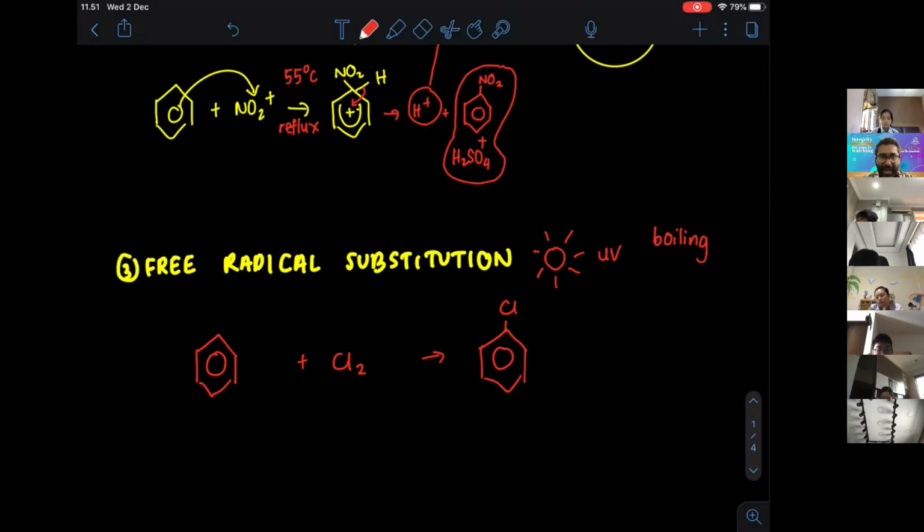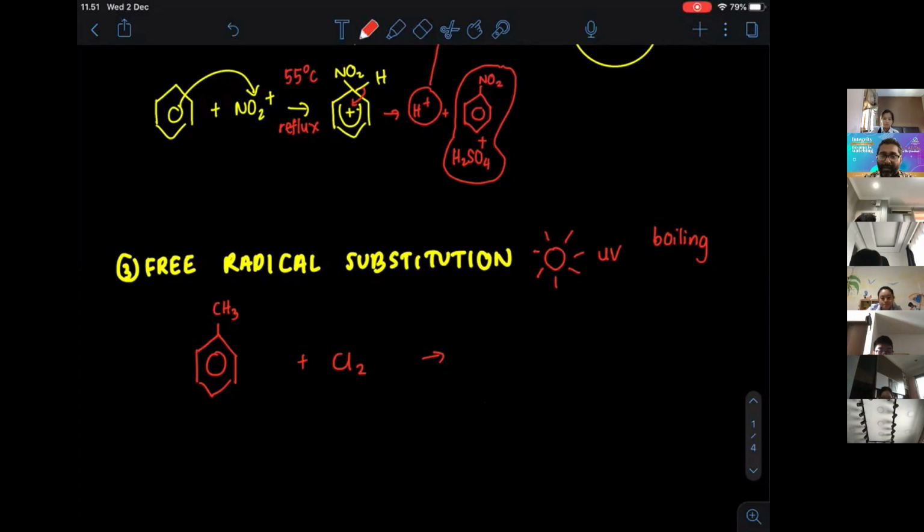Now imagine there is no halogen carrier, and then we want to show free radical substitution. Do remember, free radical substitution only happens when you have alkyl groups over there. So the direct ring is not going to be substituted.